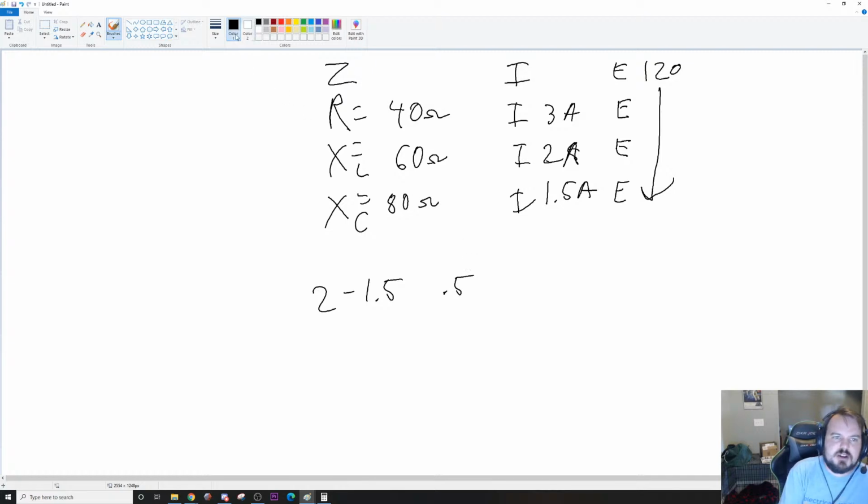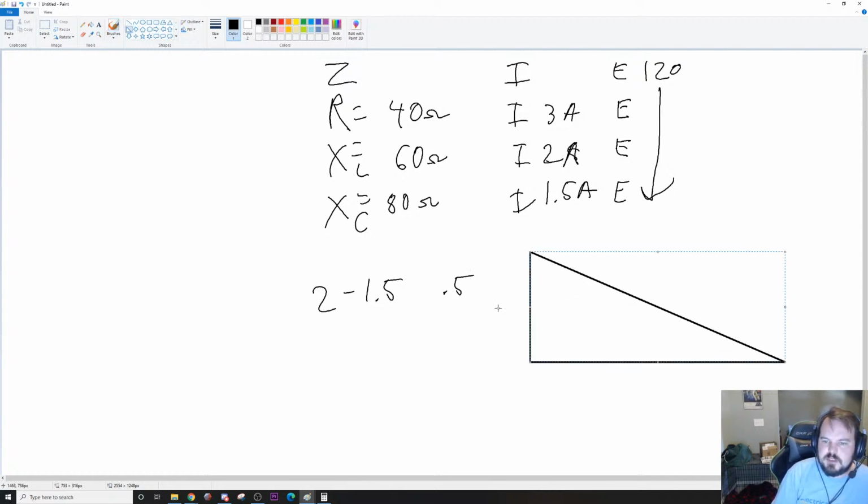0.5. So we have a current triangle to get our total current. This side is 0.5 amps, and this side is 3 amps. Using the Pythagorean theorem, the square root of 3 squared plus 0.5 squared.